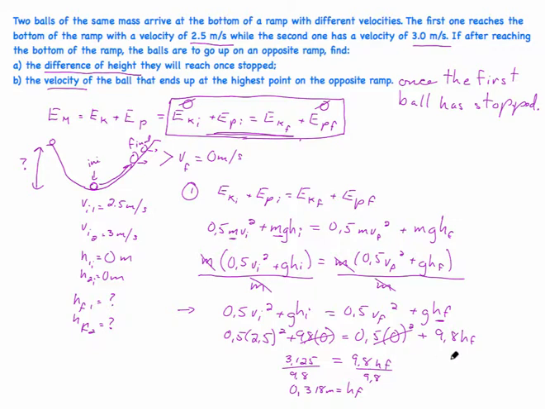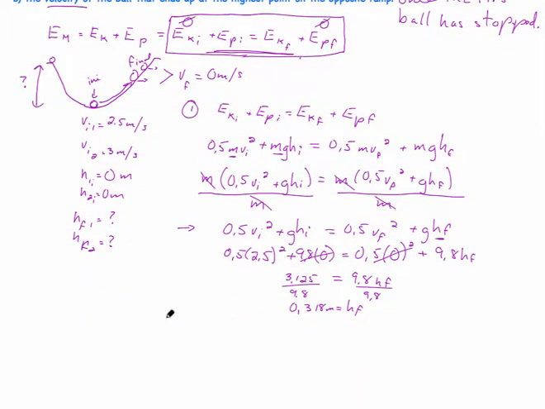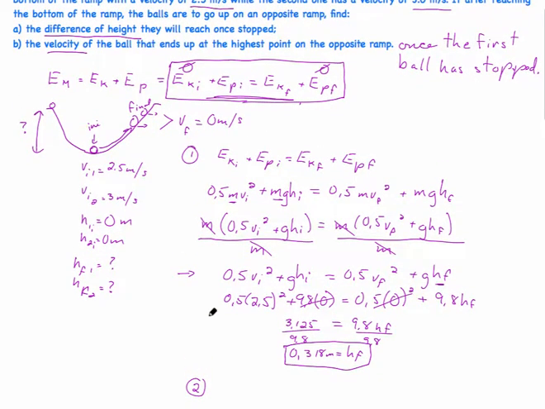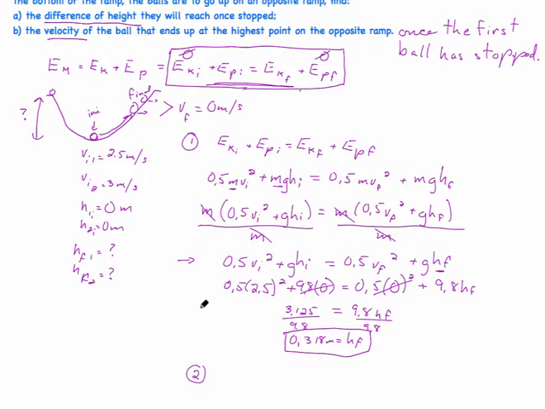If I continue trying to answer this problem, I'm just going to square it up so I don't lose it. I'm going to find, for my second ball, what the maximum height is, because remember the question says find a difference of height. So I need to find the two heights and subtract them from one another.